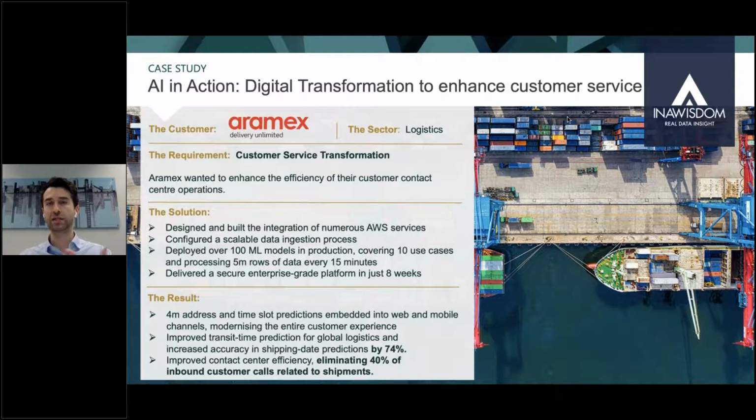ARMAX sends a lot of products and deliveries to different customers, so they really have the customer at the center of their operations. I don't know if you're aware, but in many areas in the Middle East, there are no official address lines, and that makes it difficult to deliver products to these customers.